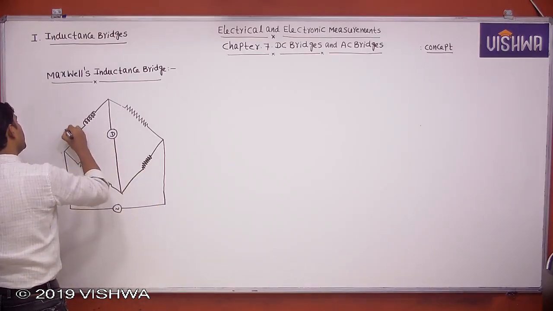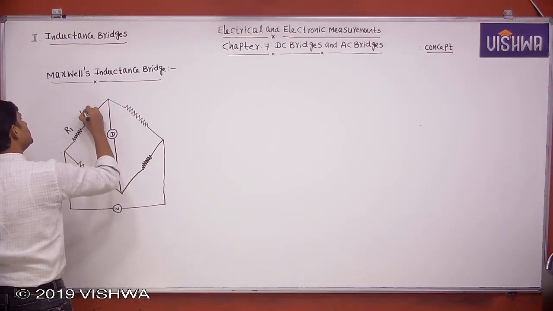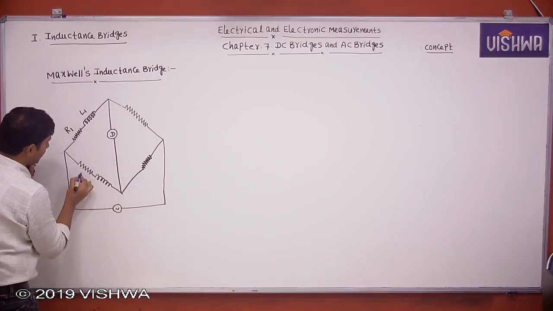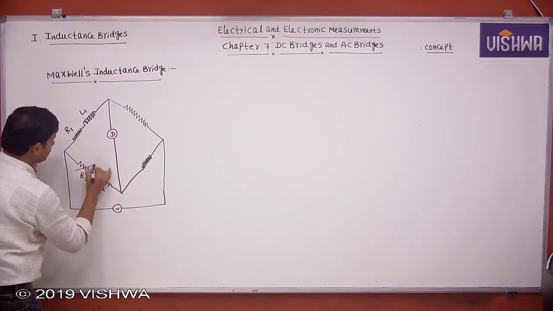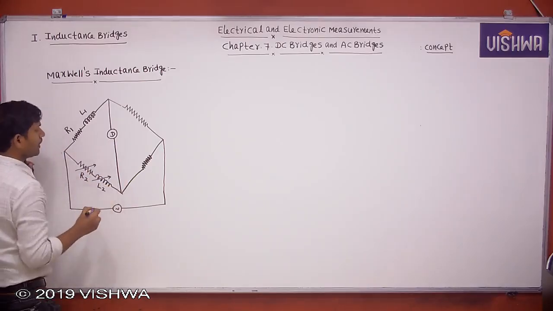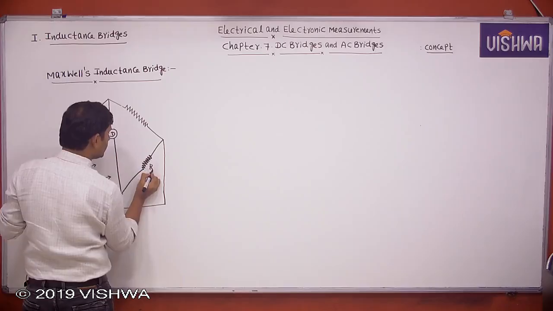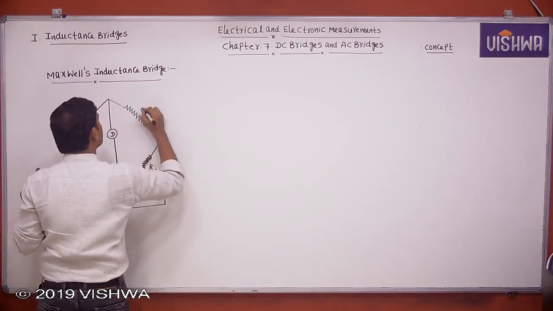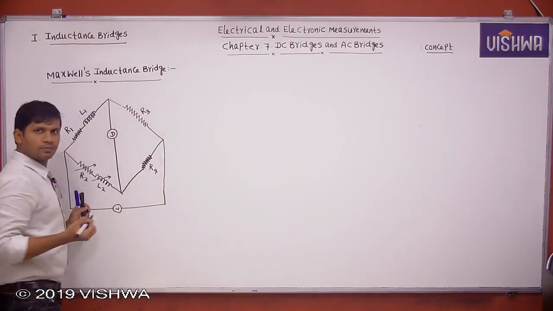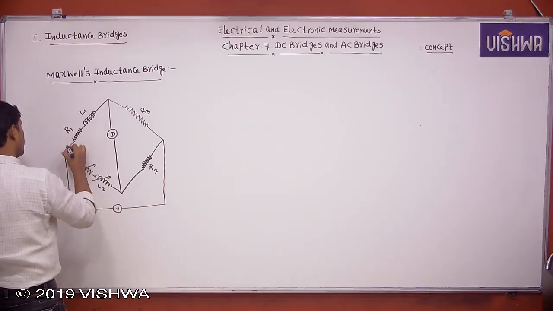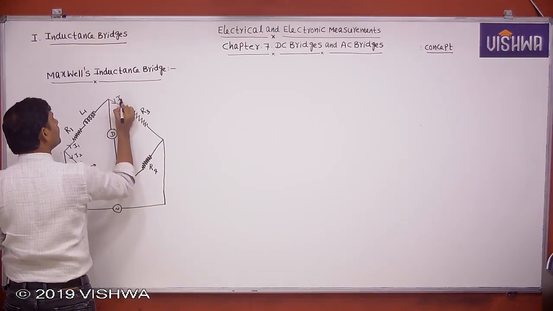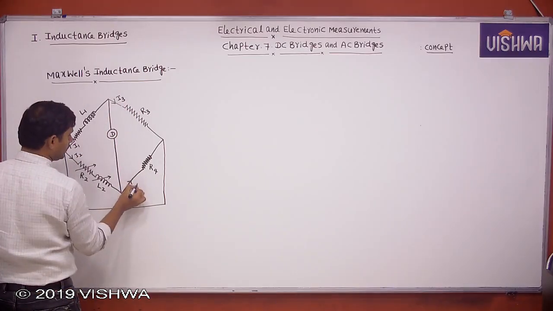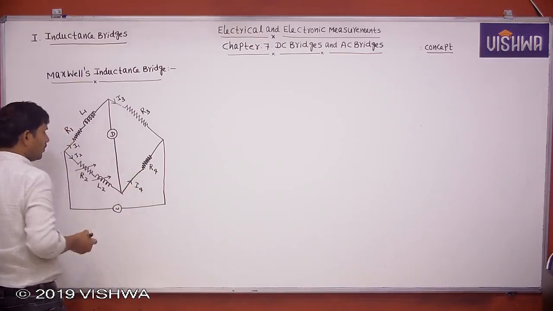And this is R1, this is L1, this is R2, L2, these are variable parameters, this is R4 and this is R3. This is I1, I2, I3, I4.